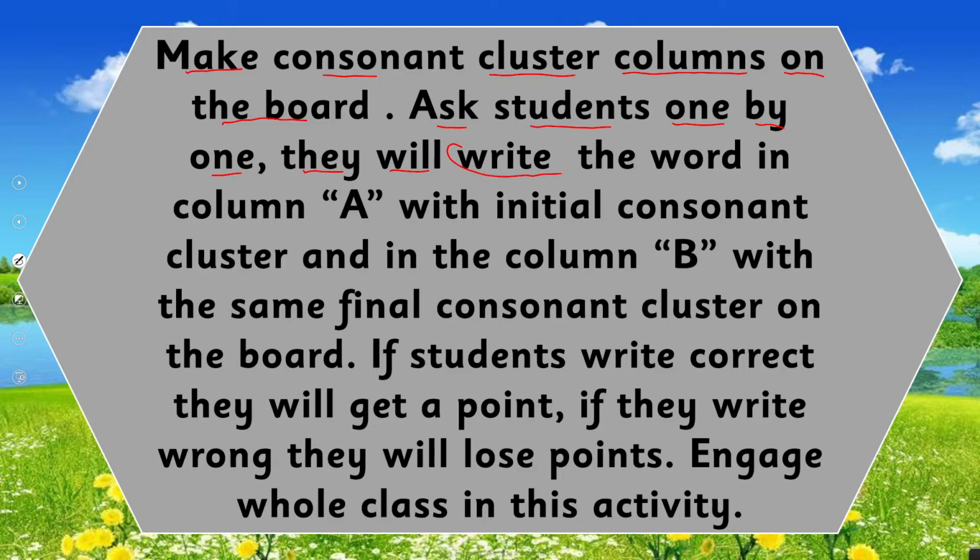They will write a word in column A with the initial consonant cluster and in column B with the same final consonant cluster on the board. If students write correctly, they will get a point. If they write wrong, they will lose points. Engage the whole class in this activity.